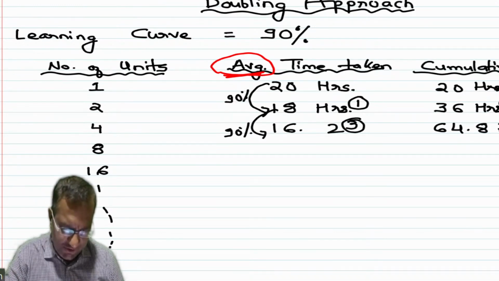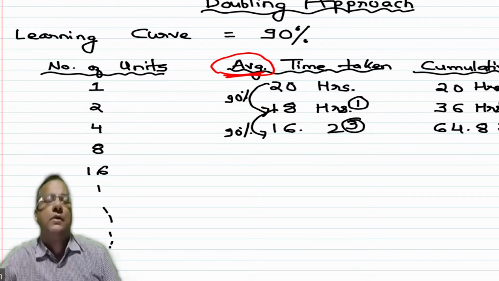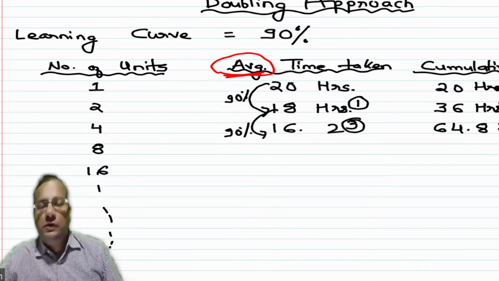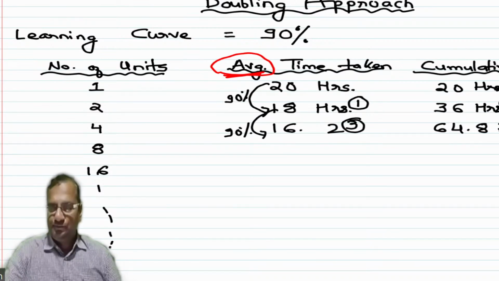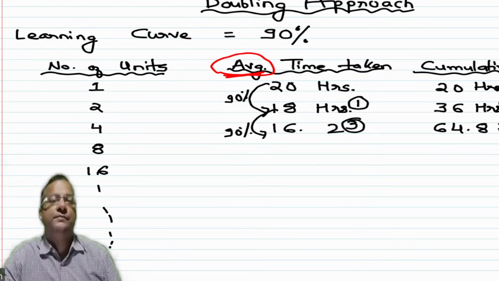Now please write down interpretation number 4. 64.8 hours, interpretation number 4, 64.8 hours if the time taken to manufacture 4 units.